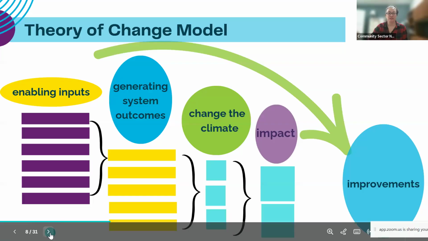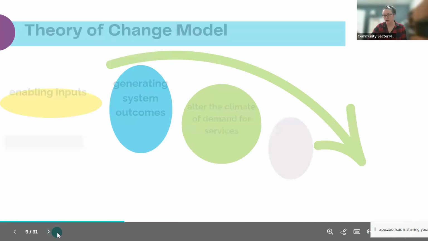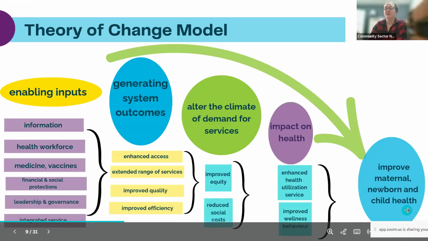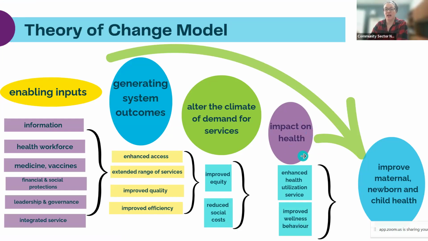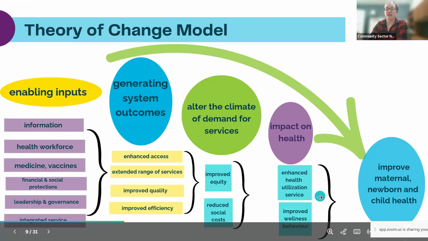So to put this into the context of a specific model, if our long-term goal or outcome is to improve maternal, newborn, and child health, we're going to have some type of impact on health. In order to have an impact on health, we could enhance a health service or improve individual wellness behavior.